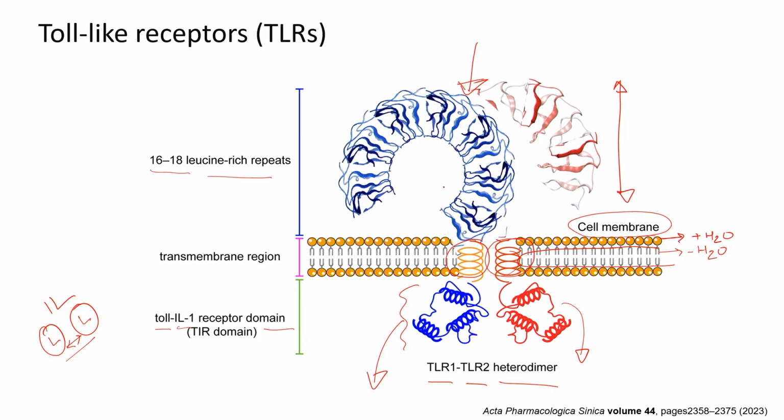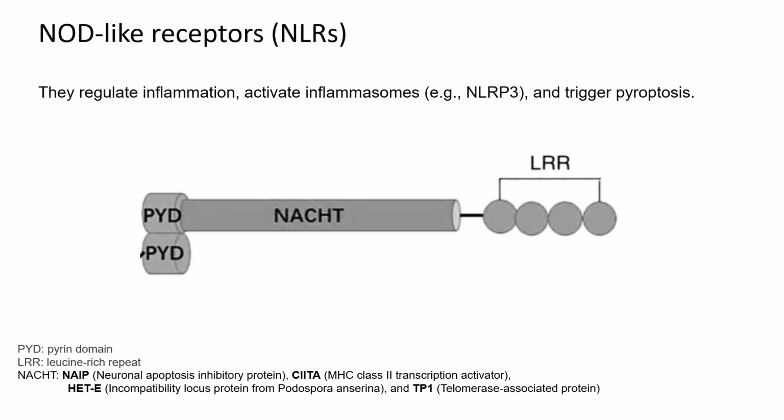These are highly conformational, and they allow the entry, or say sensing, of specific molecules which are identified for a particular toll-like receptor. So this is the general protein structure of toll-like receptors. We will move to the next one, and the next one is called the nod-like receptor. Nod-like receptor is again a sensor which can activate or regulate inflammation.